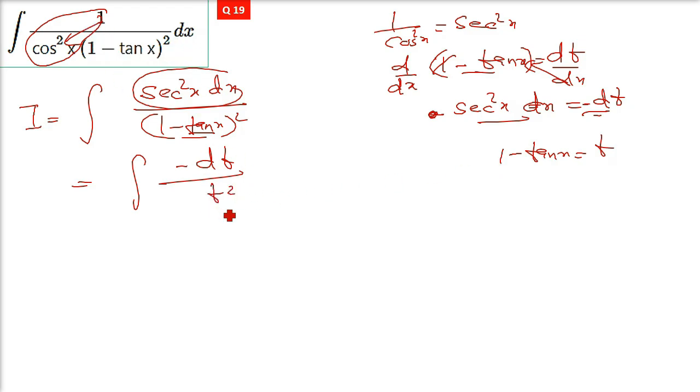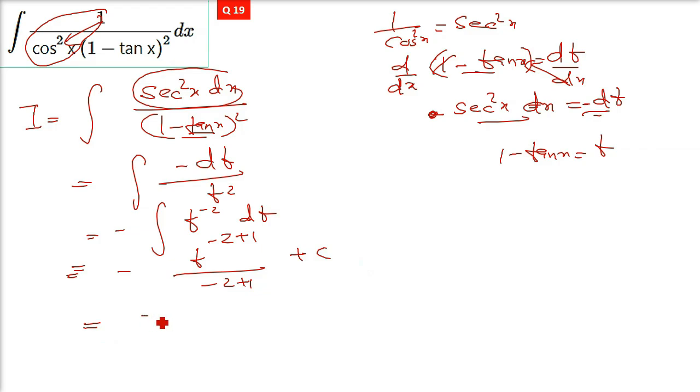So you just have to integrate 1 by x square kind of thing. That is, here x is replaced by t, but the integration remains the same. So we have to integrate this as t raised minus 2 dt. So this is minus t raised minus 2 plus 1 divided by minus 2 plus 1 plus constant of integration.